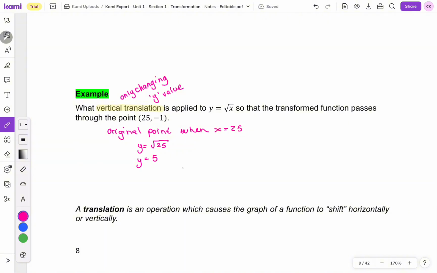So that means my original point was 25 and 5, and I did something to it, and I got it to 25 and -1. Well, we can see here, to get 5 to -1, I need to move down 6 units. So that means I have a vertical translation of 6 units down.